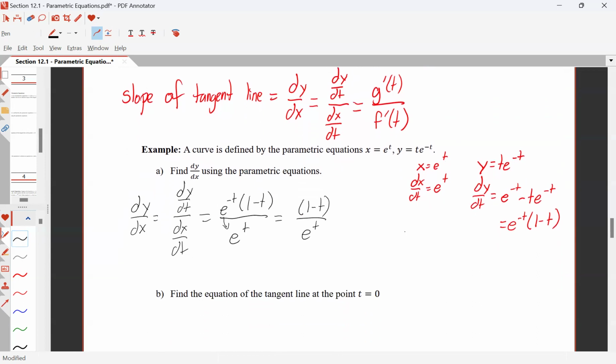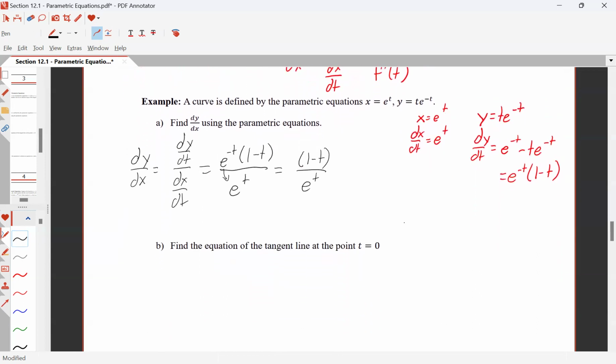of the tangent line. So finding the equation for the tangent line at the point t equals 0, the tangent line equation is going to be y minus y naught equals m, which is the slope of the tangent line, times x minus x naught.